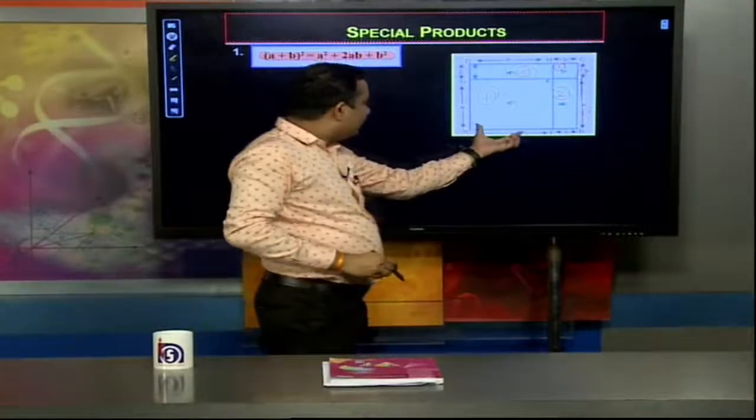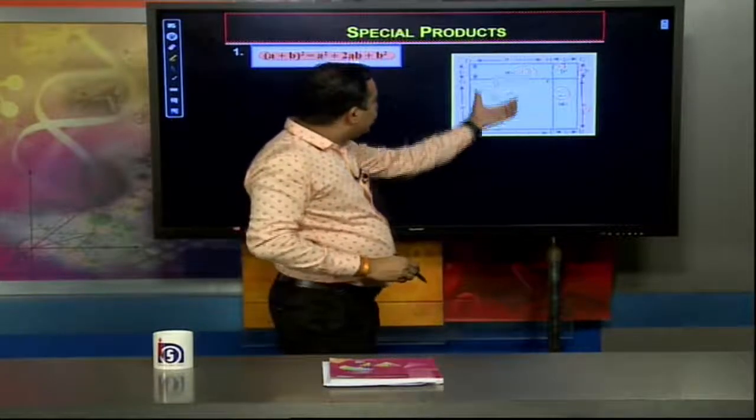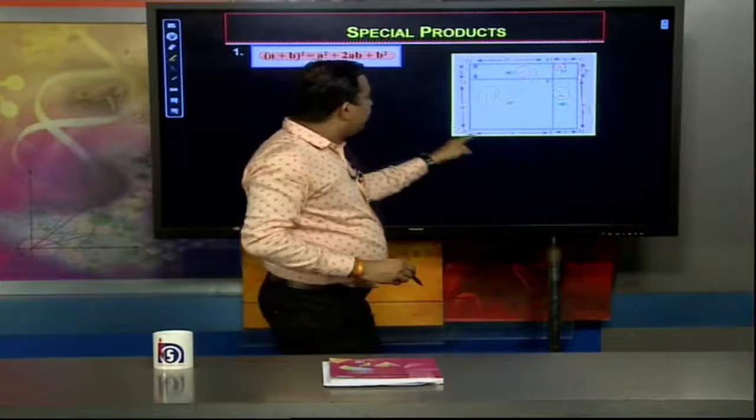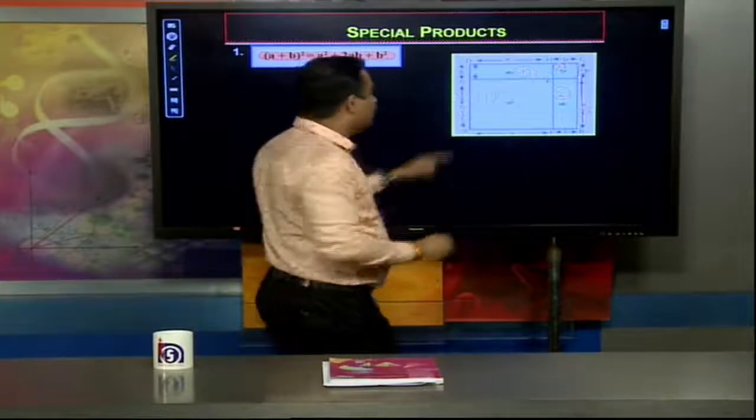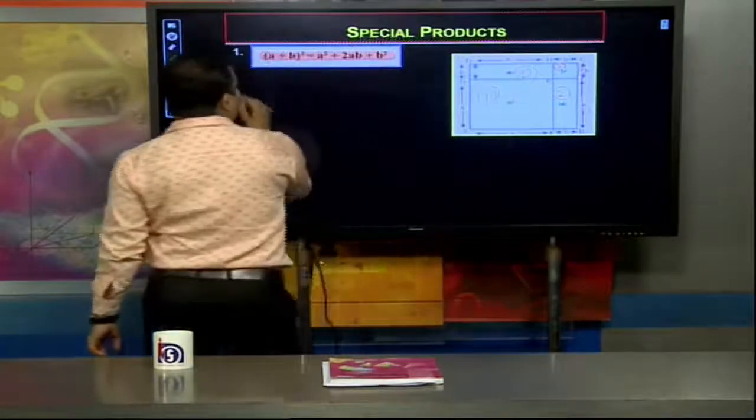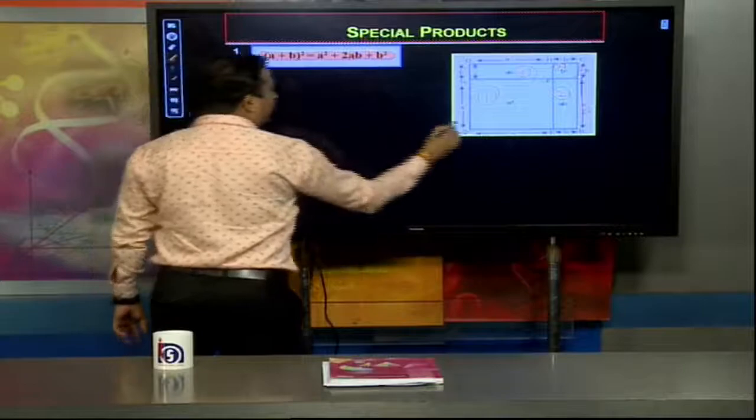Now this total figure is divided into four different parts: part 1, part 2, part 3 and part 4. Part 1 is a square, and one side is a. Then the area of AEFG is a square, because one side is a.